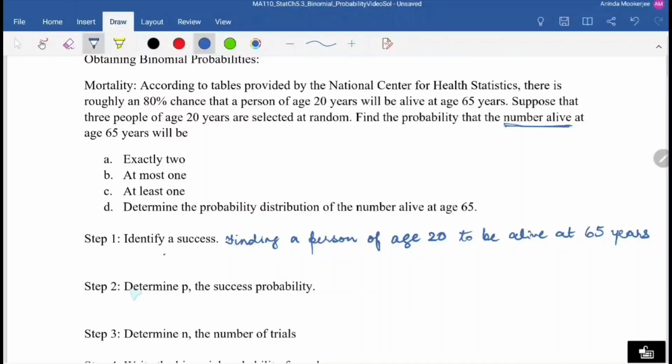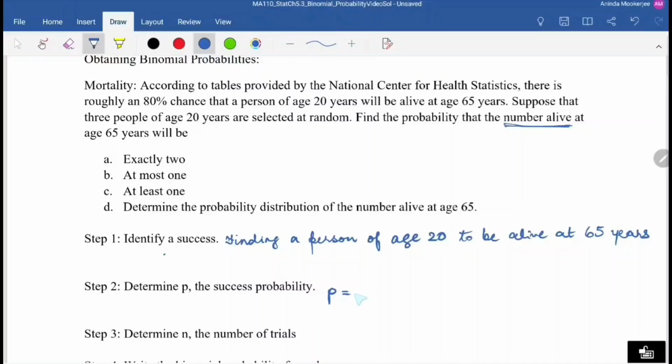All right. Now, step 2 says determine P, which is the success probability. How do we determine the probability of finding somebody alive at 65? Again, we have to go back to the wording in the question. So let's again read from the beginning. According to tables provided by the National Center for Health Statistics, there is roughly an 80% chance that a person of age 20 will be alive till 65. So what in this sentence tells us about the probability?